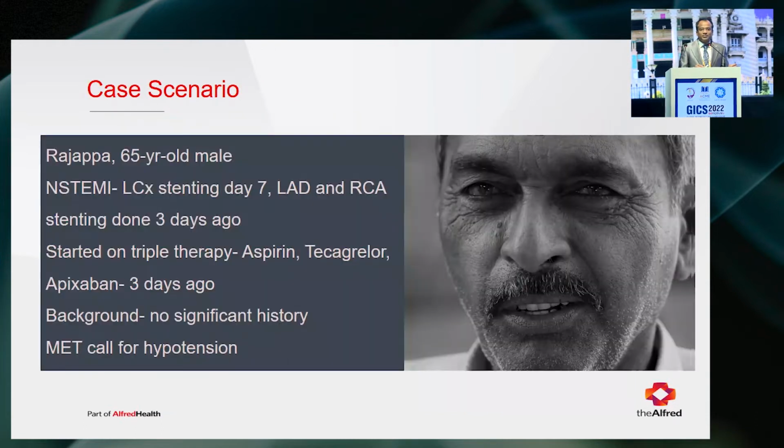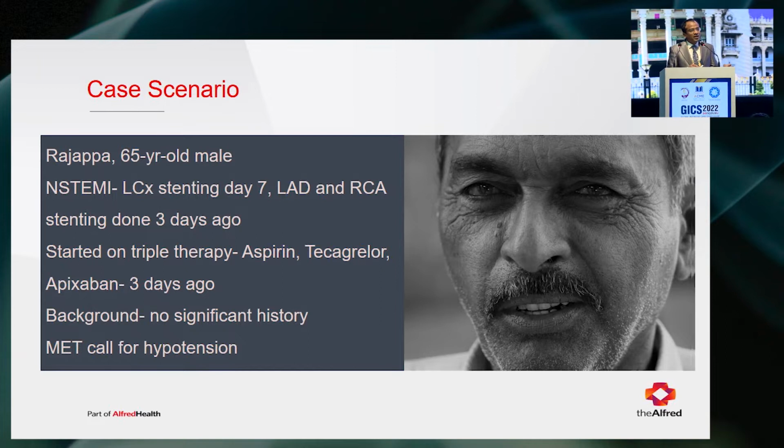So our patient is Rajappa. He's a 65-year-old male who's admitted to the coronary care unit, and you receive a MET call for hypotension. He was admitted to your hospital about 7 days ago with a 2-day history of chest pain and was diagnosed with NSTEMI, and he had a staged catheterization procedure with stenting of his left circumflex initially, which was the culprit lesion, followed by the RCA and the LAD 4 days later.